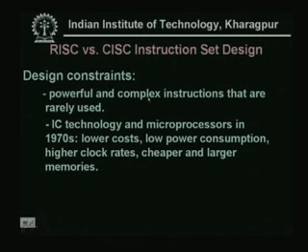So, powerful and complex instructions that are rarely used. IC technology and microprocessors in the 1970s brought lower cost, low power consumption, higher clock rates, and cheaper and larger memories. Mainly to utilize this advancement of technologies, RISCs evolved.